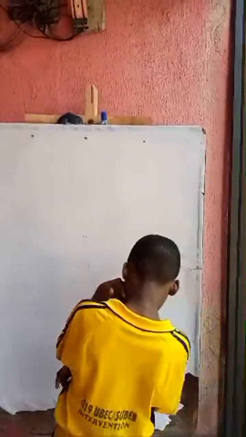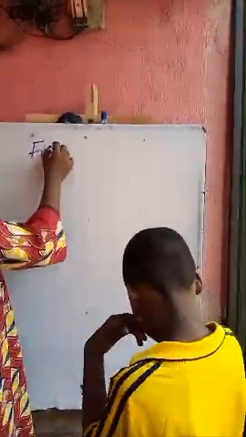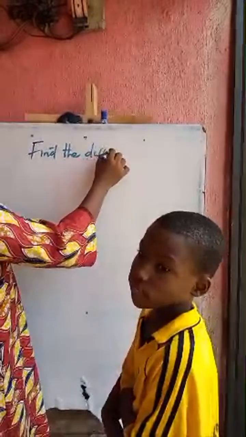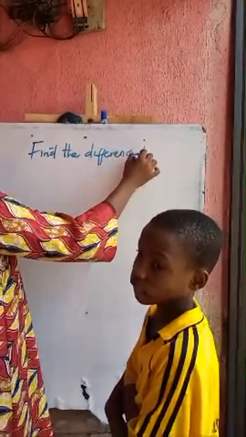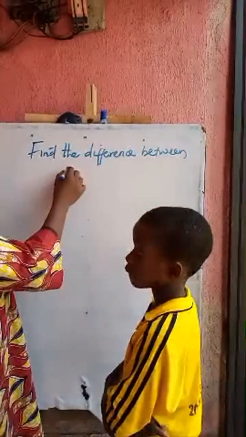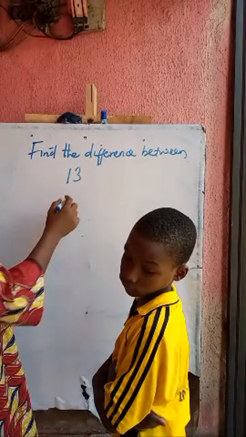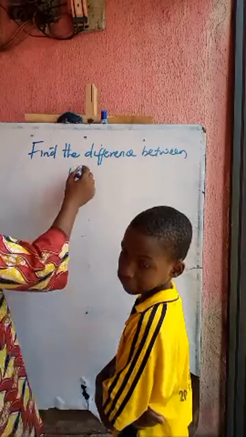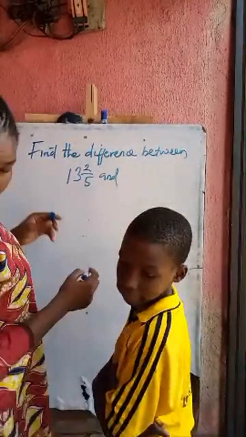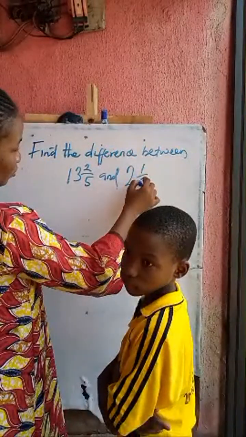All right, the next question is: find the difference between 13 whole number 2/5 and 2 whole number 1/3.